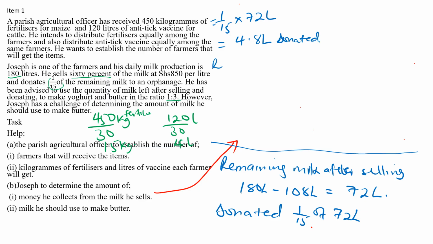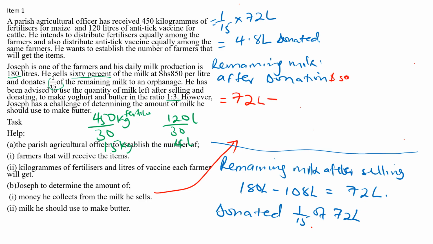Then remaining milk after donation. Here we shall come and we say we have 72 liters, then minus after donation and selling.